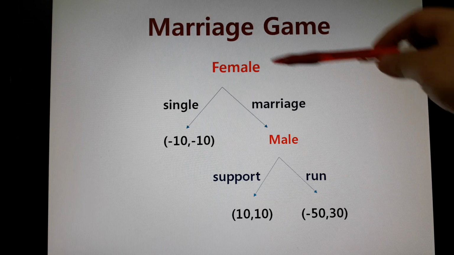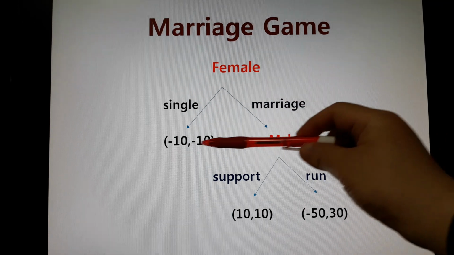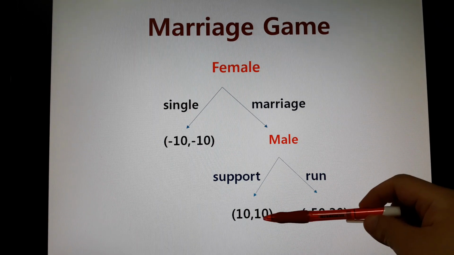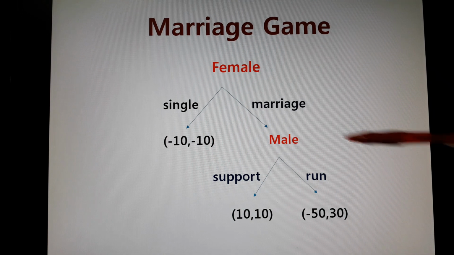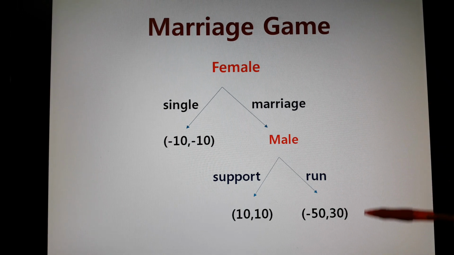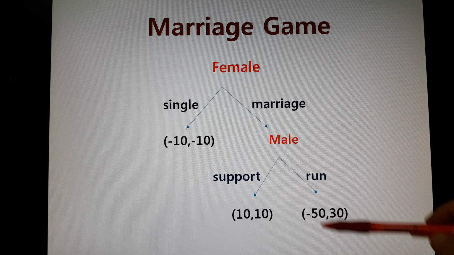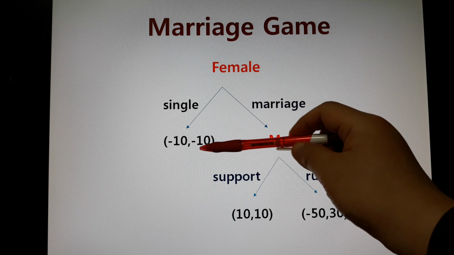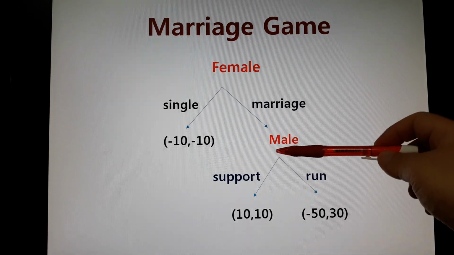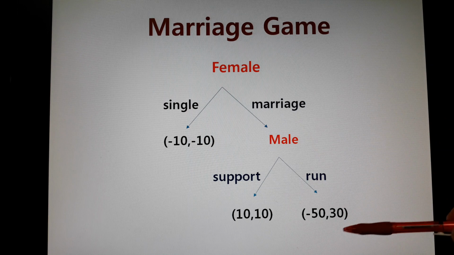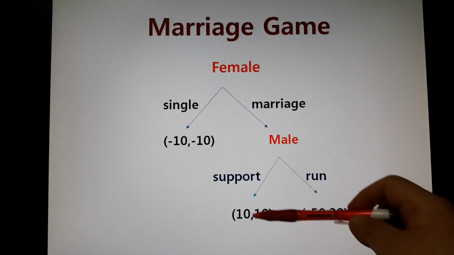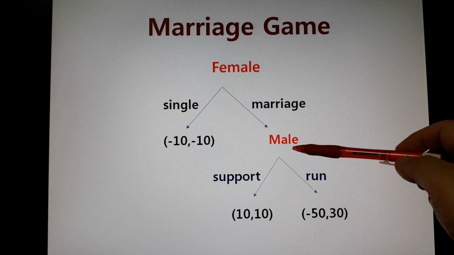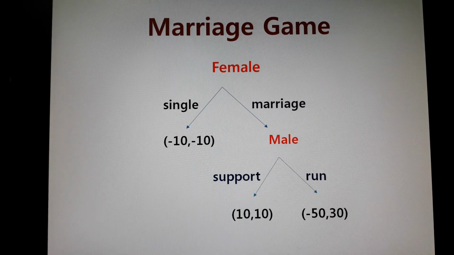If we look at the first game, not only does the female want to move from negative 10 to 10, the male also would rather go to 10 instead of negative 10. The male knows that, oh, this is best for me, but if I do that, I would end up with negative 10. So the male promises the female, I'll never pursue 30. 10 would be good enough for me, so trust me. But then the female would not believe.